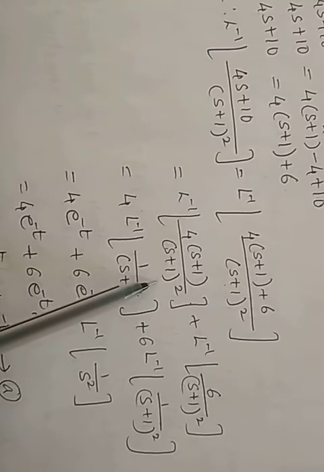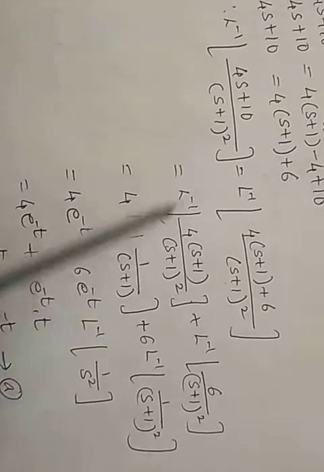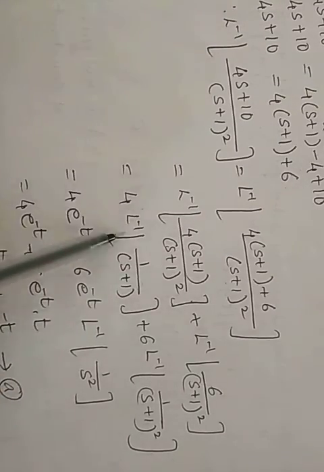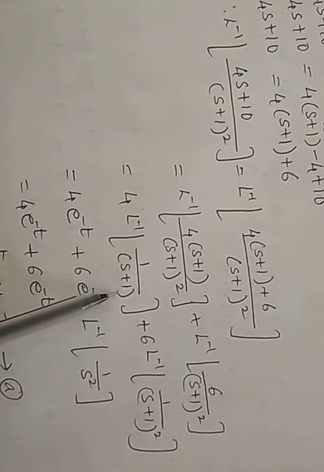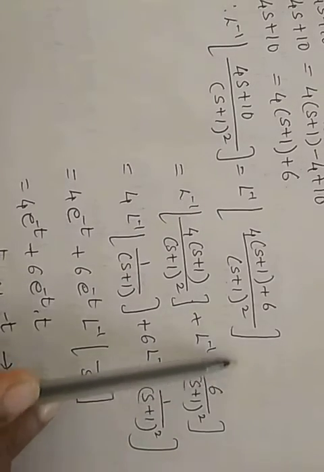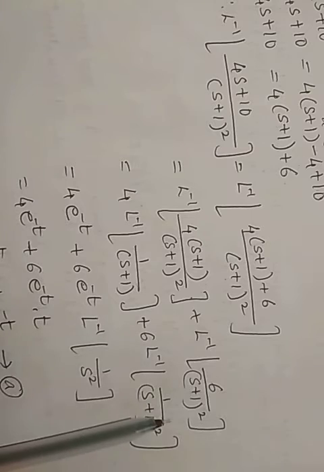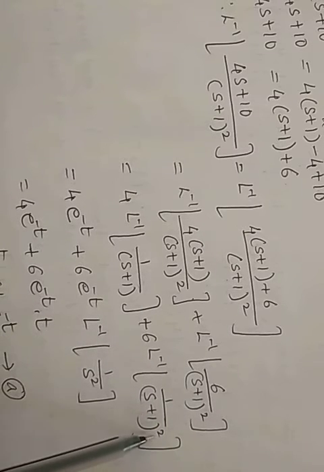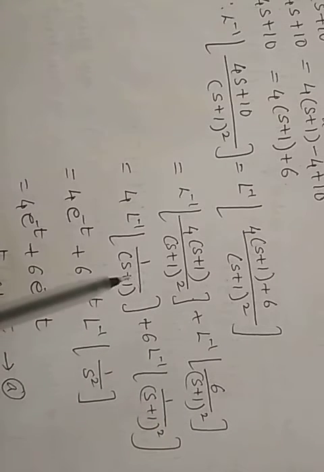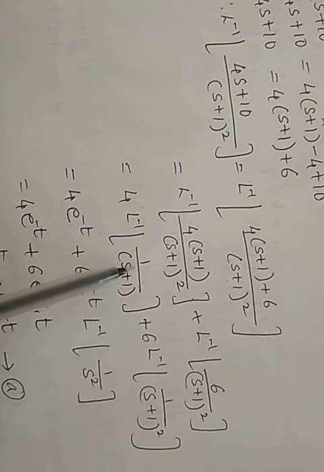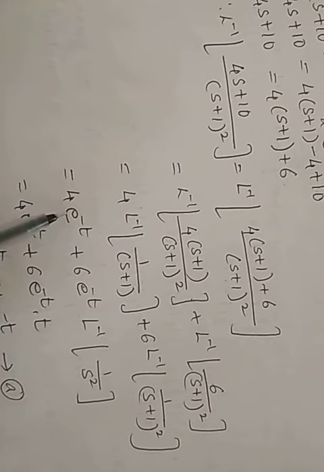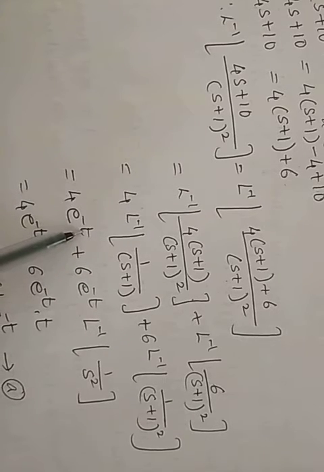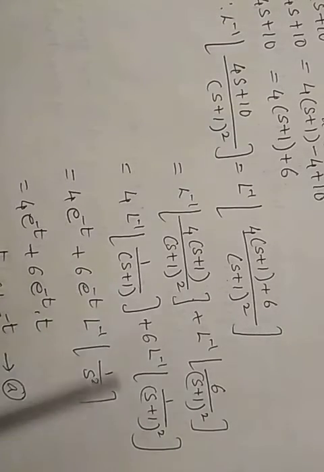One of the brackets will get cancelled, and 4 will come outside the Laplace. So 4 times L inverse of 1 upon (s plus 1). The 6 will come out, and what remains inside is L inverse of 1 upon (s plus 1) the whole square. In the first, the bracket power is 1 and the s power is also 1, so directly we write e to the power of at. Now a is minus 1, so e raised to minus t, plus 6 as it is.